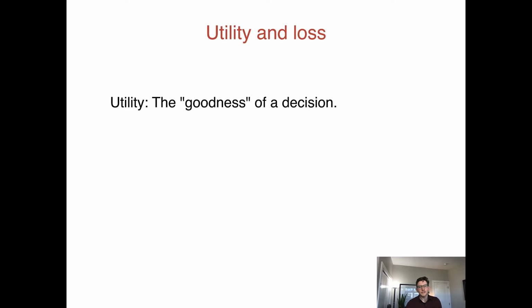So in order to make decisions, we need to have some sense of utility or loss. By utility, I just mean the goodness of a given choice, that is, how much overall happiness in the world that's caused. Similarly, we can define loss as the badness of a decision.